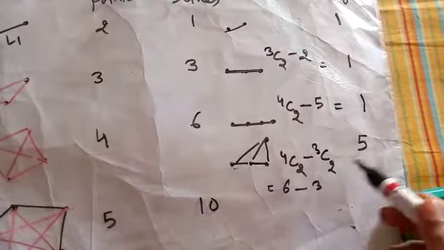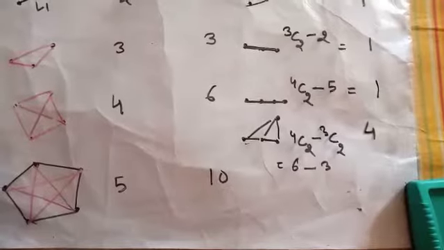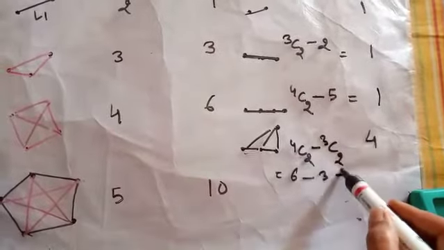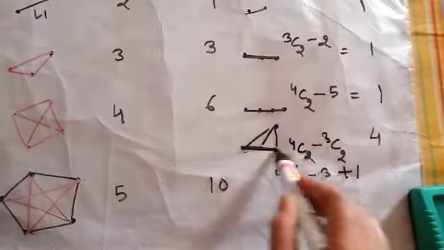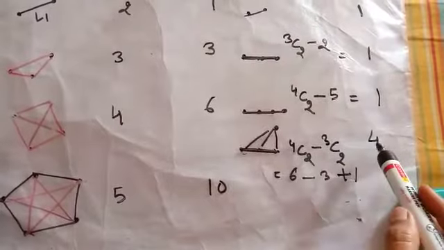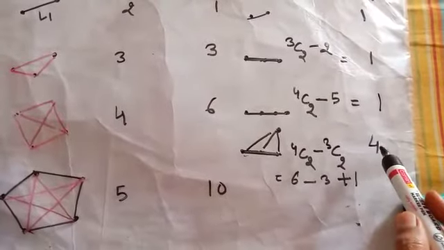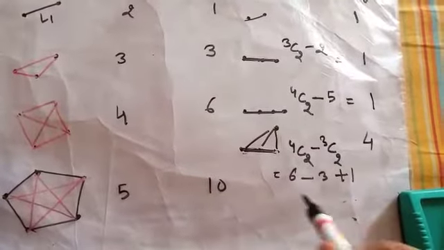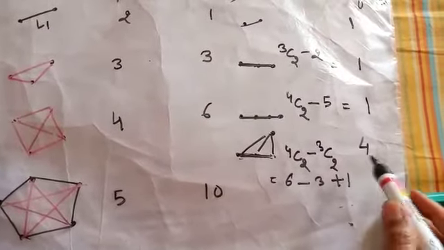But what do I need to do further? 3C2 because these points are collinear, plus 1 because this line will be added as 1. I earlier wrote it as 2, so I wrote it as 5, but it will be 4 only because these two will make one line only. So 6 minus 3 plus 1 gives you 4.